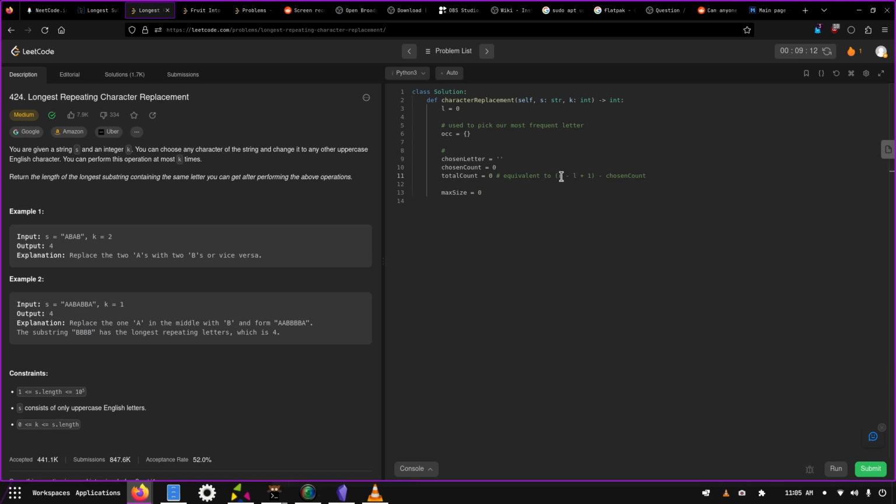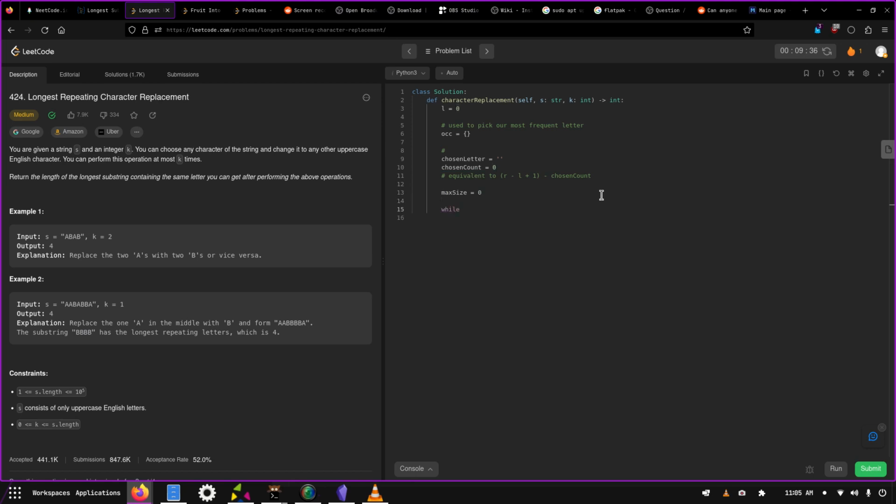This will be our total window size minus the occurrences of the chosen letter, and that will be equal to the total number of non-chosen letters in our window. So we don't really need this. I'll keep this comment here just for remembering that.